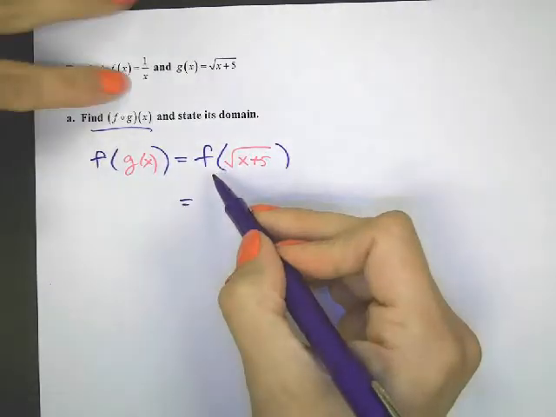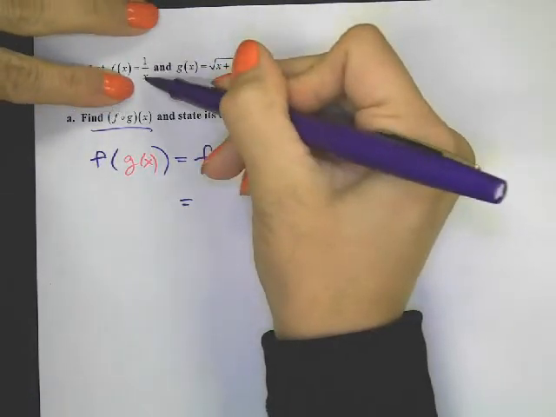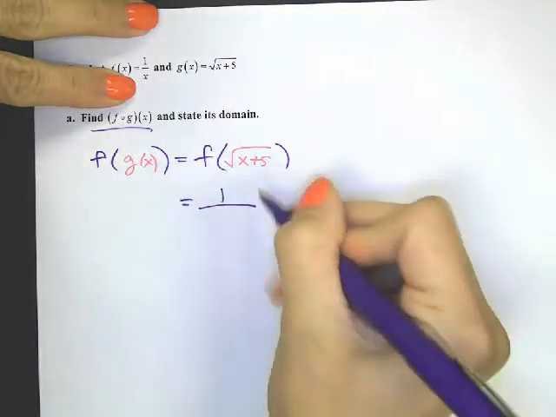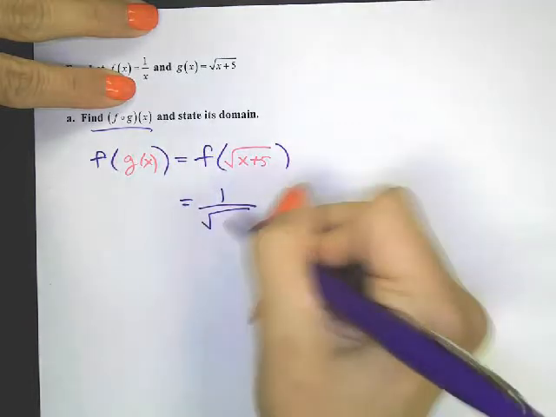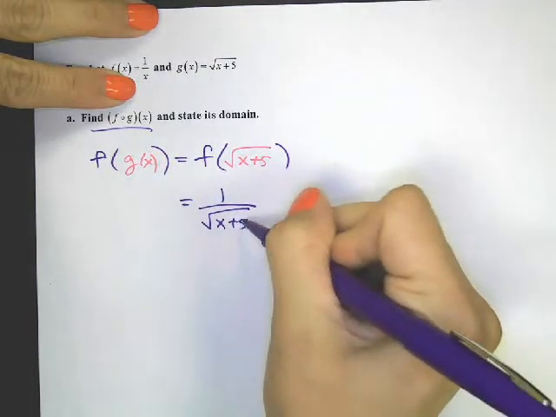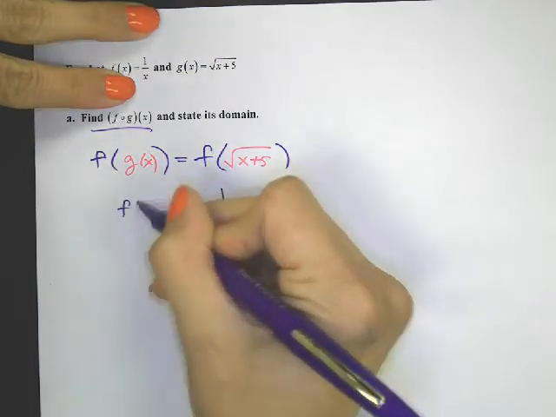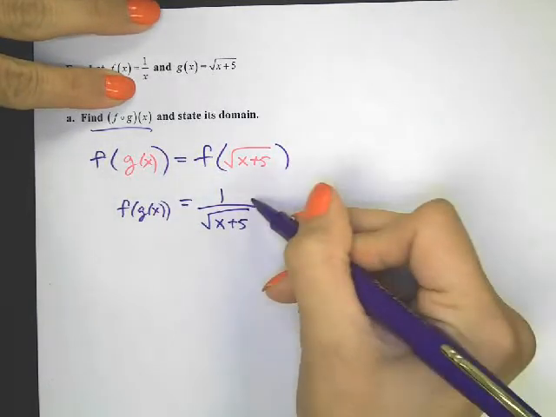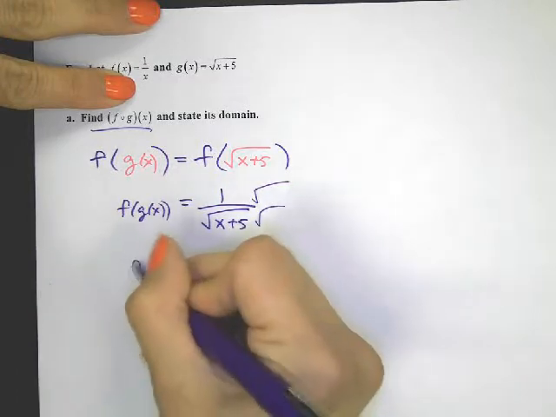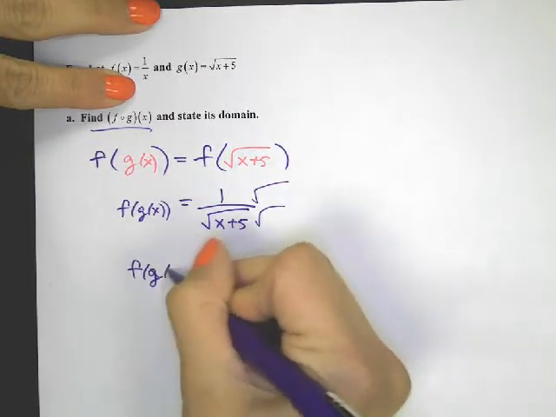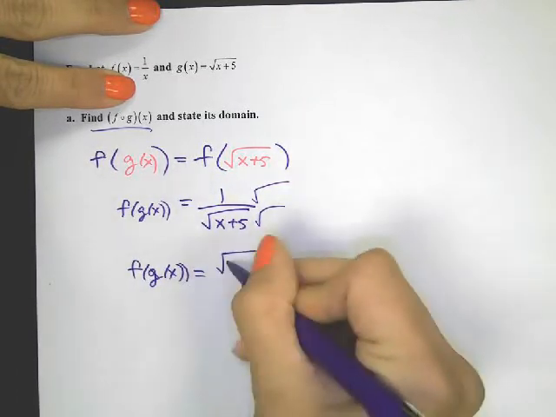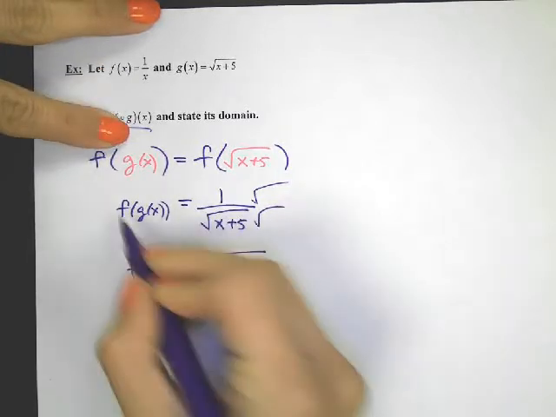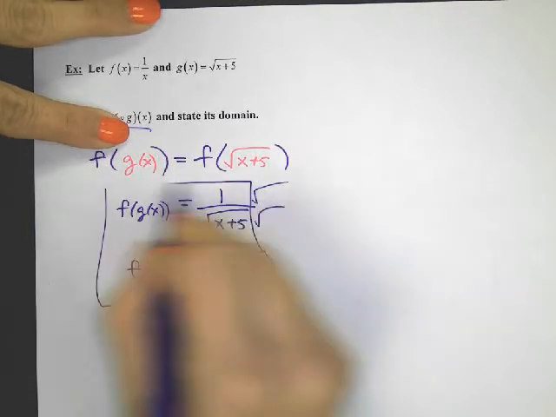Now let's take a look at f. f says 1 divided by input. 1 divided by the input is 1 over the square root of x plus 5. You could leave it like that. I think I'll accept either answer. If you wanted to rationalize by multiplying top and bottom by the radical, you could also write the square root of x plus 5 over x plus 5. I'll take either answer here.